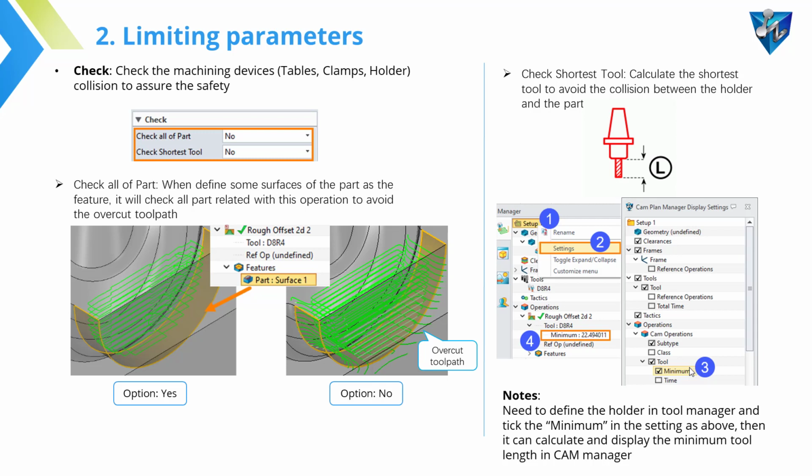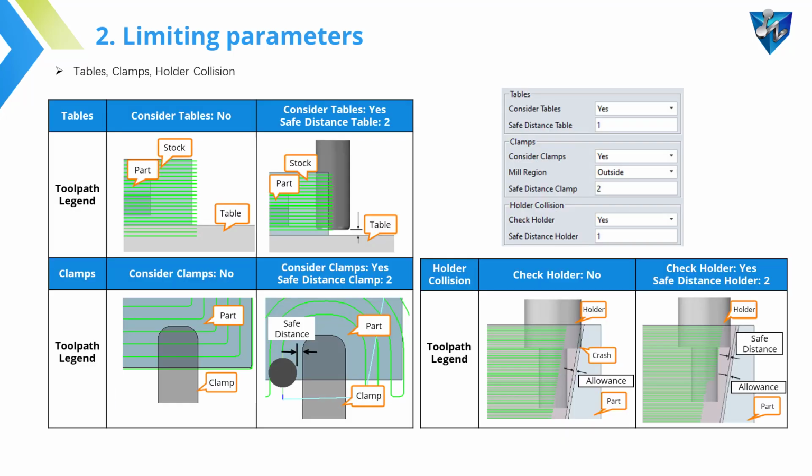Check shortest tool avoids collision between the holder and the part. Here are the steps to calculate the shortest tool value. And here is the table showing the other check parameters between tables, clamps, holder, and workpiece. Please check it carefully.